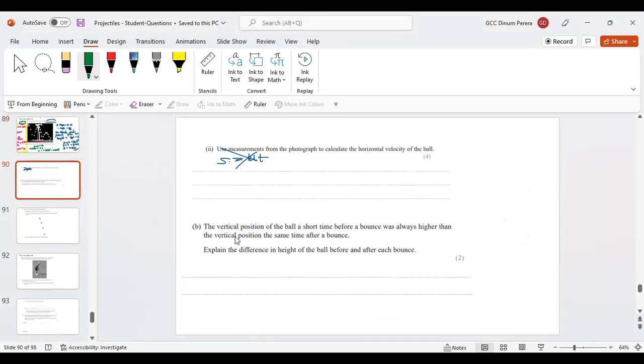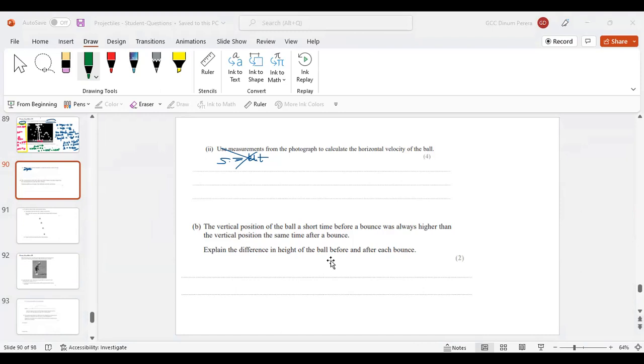Right. Part B. The vertical position of the ball a short time before bounce was always higher than the vertical position at the same time after bounce. Explain the difference in height of the ball before and after each bounce. Why do we see a height difference before bounce and after bounce? Because at the bounce, the kinetic energy is converted to heat energy, so that kinetic energy is lost.